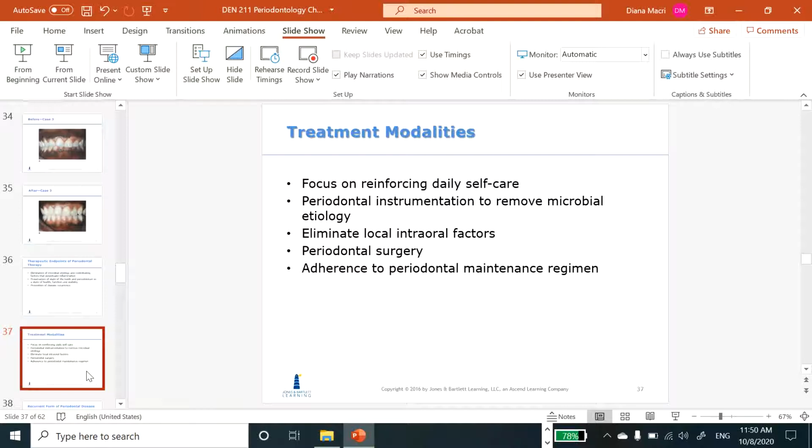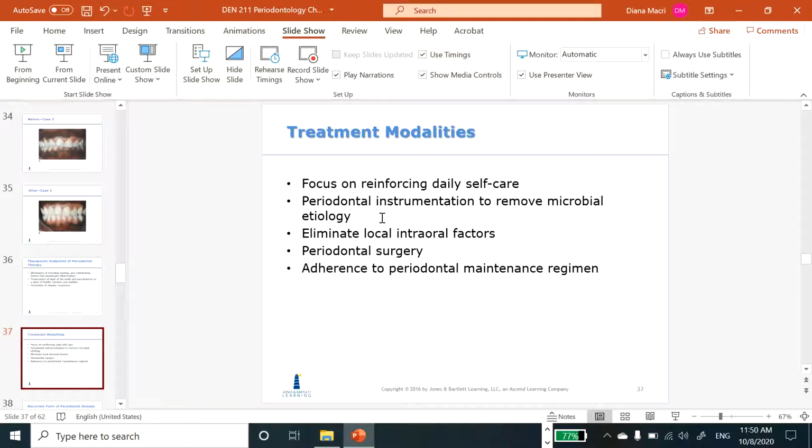A patient who has had periodontal disease and has gone for treatment must maintain a healthy condition, and the most effective way to do that is by mechanical biofilm removal on a regular basis. So the first thing that we do, and it's very important, is make sure that we reinforce the daily self-care routine.